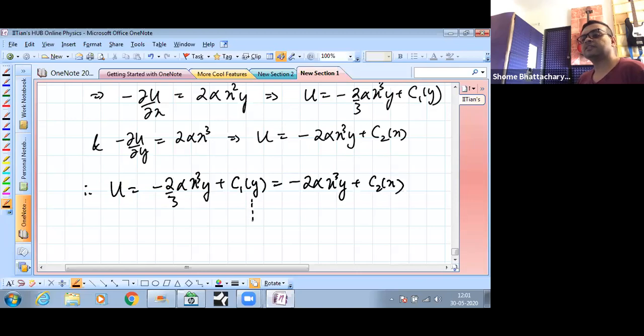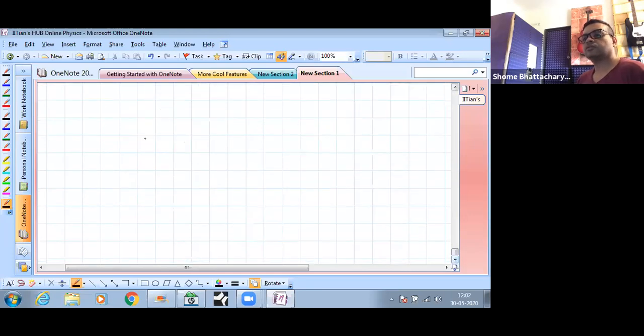So in this statement, this term should be independent of x, and this term should be independent of y. And you can see that's just not possible, because this is 2 by 3 and this is just 2.